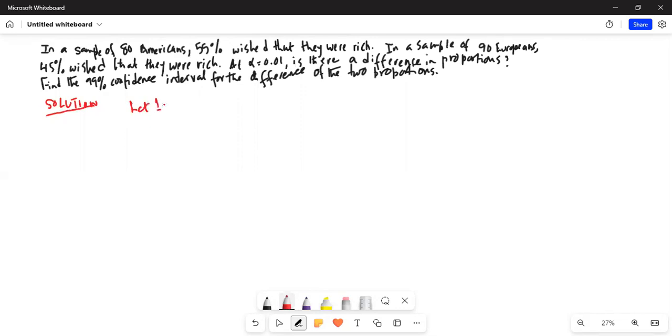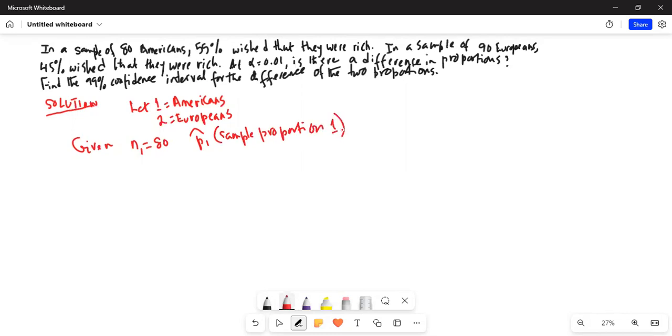Let 1 equal Americans and 2 equal Europeans. We have been given N1 is equal to 80 and P1 hat, sample proportion 1, is equal to 0.55.